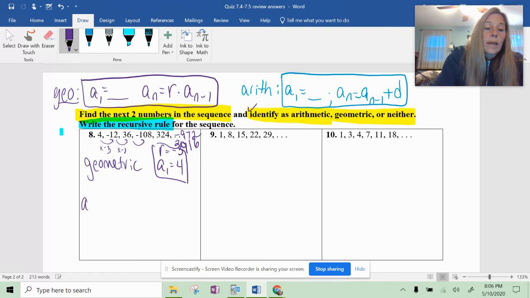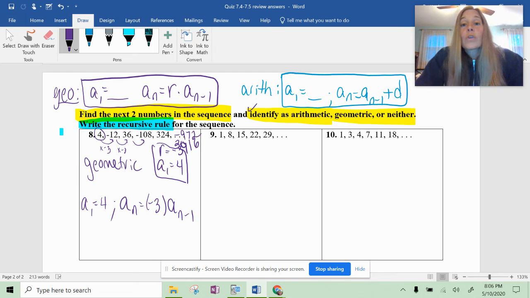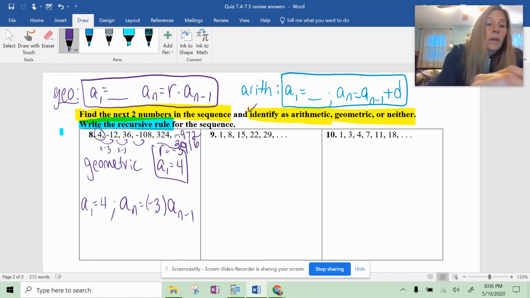So I know my a sub 1 is just that first number there, the 4. And then all you have to plug in for this rule, just look in your formulas, write the r, which we know is negative 3, times a sub n minus 1. That's it. Just make sure you're using the recursive rules and not the explicit rule formulas.